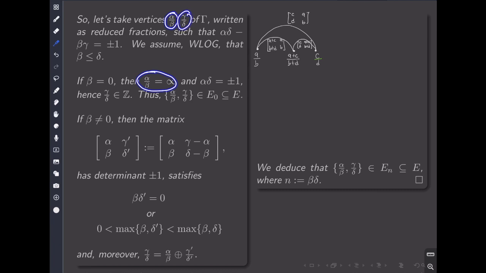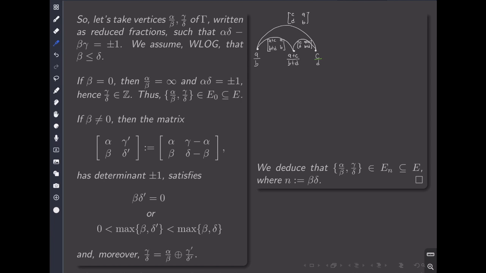For those, we know by definition that there's an edge connecting them. So in this case, we are done. What happened was actually that in this case we were at the beginning of the recursion.